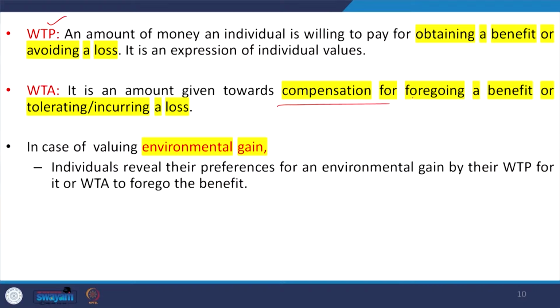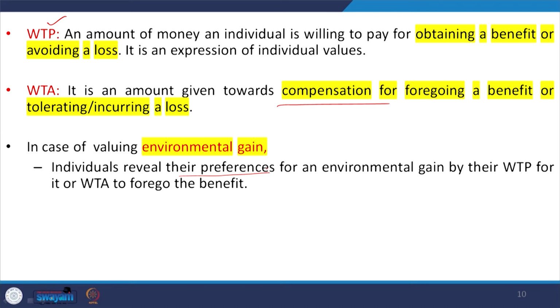And in case of valuing environmental gain or loss, because we are appraising environmental policies and programs, let us talk first about how to value an environmental gain. Here, in order to measure this environmental gain, individuals will reveal their preferences for the particular gain by expressing their values in terms of willingness to pay.